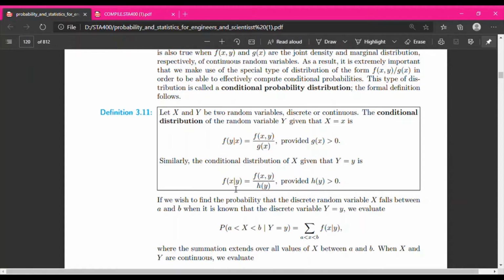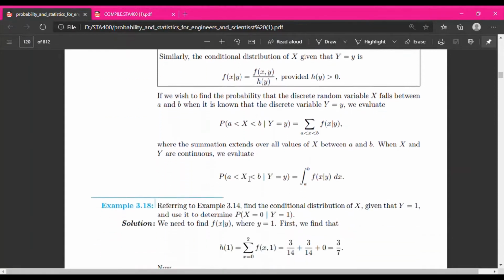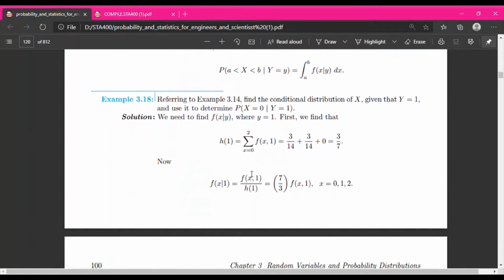Alright. So let's look straight at an example. This one is for discrete. From the previous example 3.14, find the conditional distribution given that y equal to 1, and then use it to determine the probability of x equal to 0 given y equal to 1.